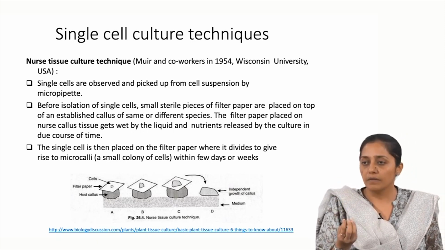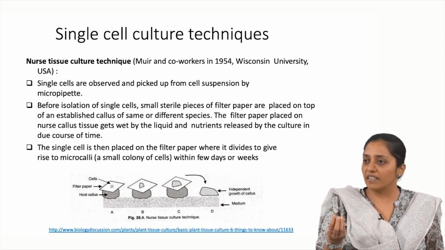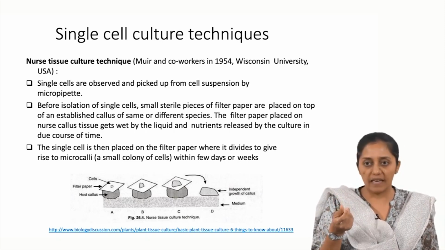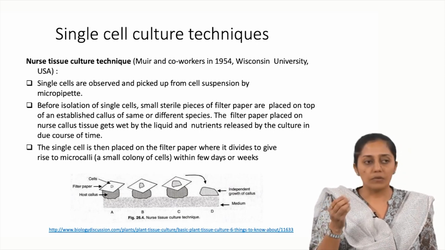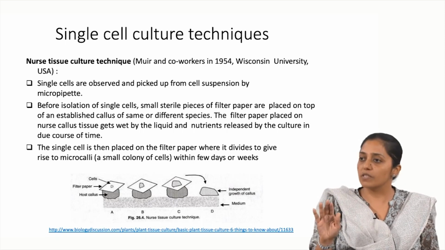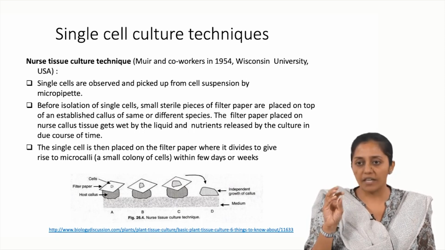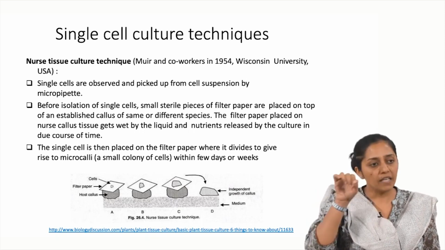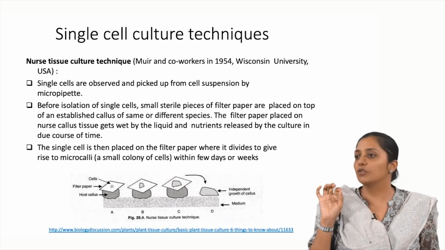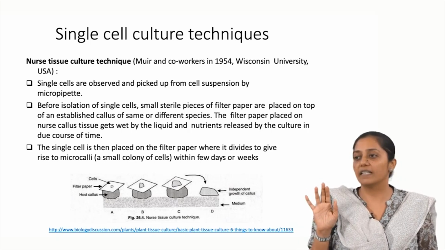The metabolites or liquid released by this fresh, nursing callus will wet the tissue on top of it. Now, this wet filter paper, which supposedly has all the nutrients and other metabolites released onto it, you then inoculate with your single cell using the pipette, the single cell from which you need to generate the callus.